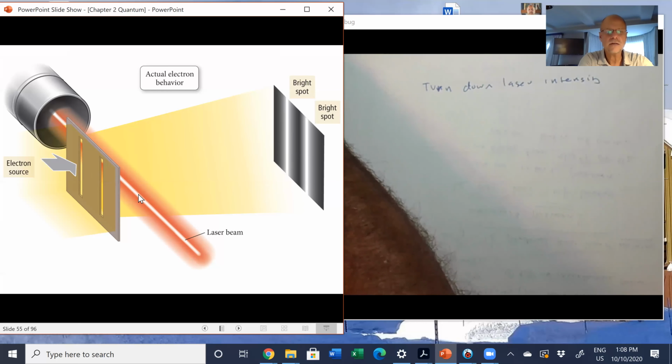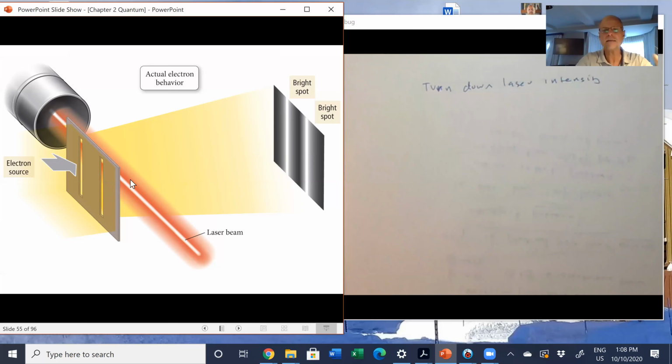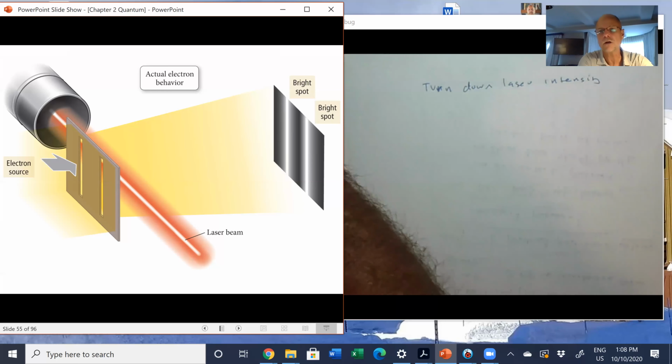As we continue to turn down the laser, we eventually get to an intensity where you hear a click, but you don't see a flash, right? What happened was that some electrons got through without being detected, without being seen by the laser, because the laser intensity was too low to catch them all.